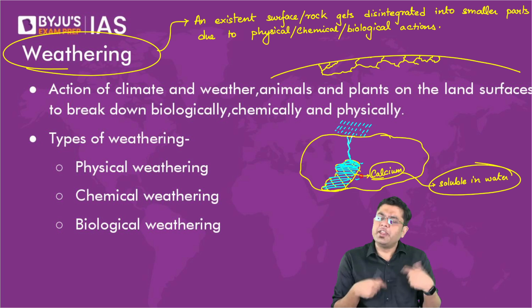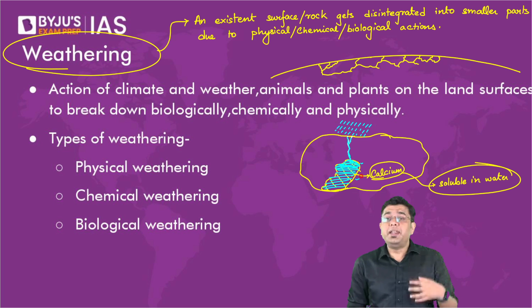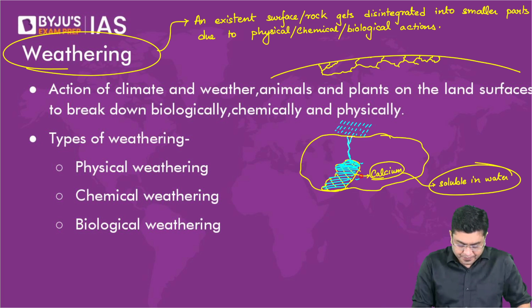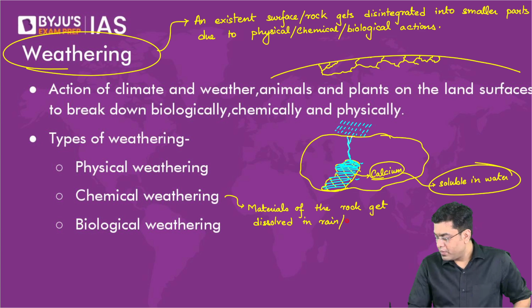So here the breakage of the rock is initiated by what? That is initiated by the chemical process of solution, where the materials of the rock get dissolved in rain or seawater, forming a solution.